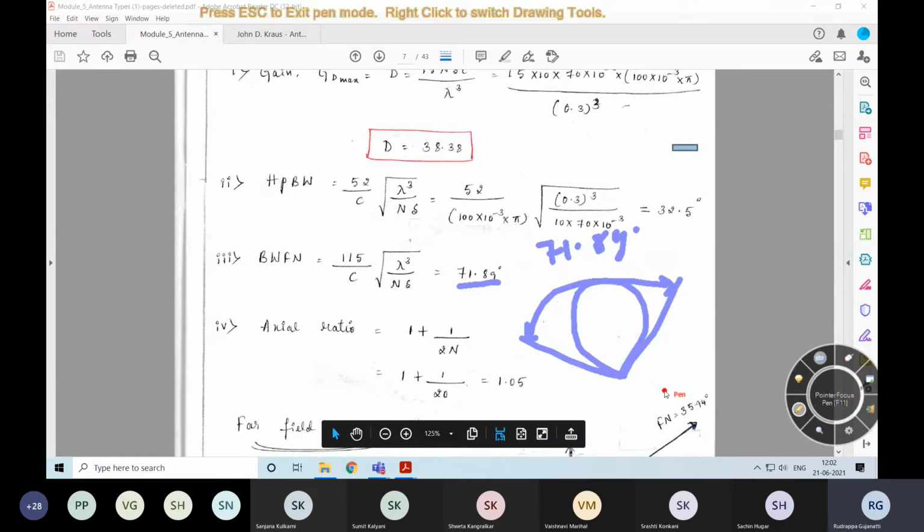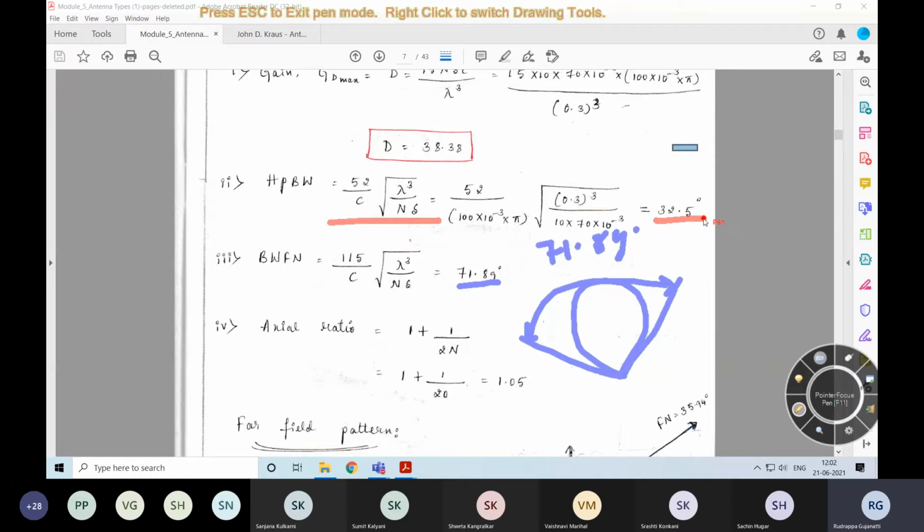So this is the beamwidth between the first null. And when we measure half power beamwidth, it is approximately half of this one. But since you are estimating it from the equation itself, you will be getting it around 32.5 degrees. From the maximum value, you come below by 3 dB if it is a 3 dB plot.